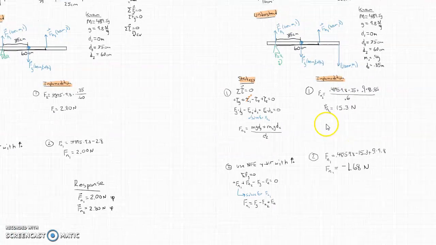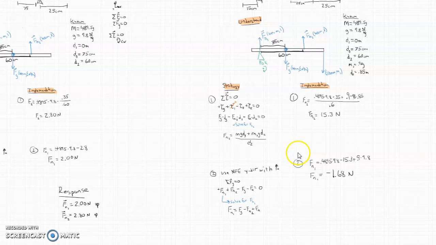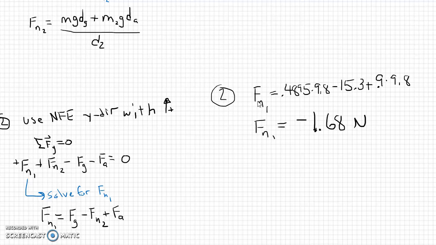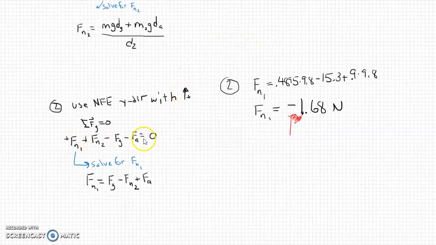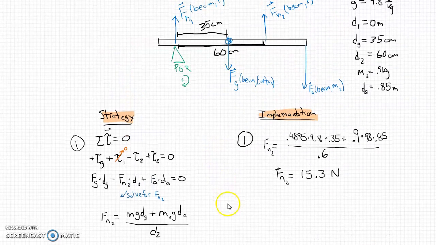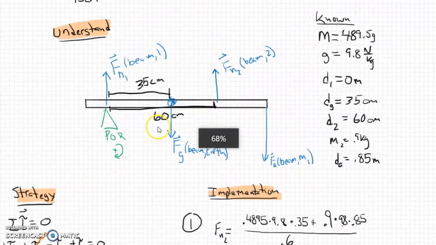All right, so I mentioned that there is a red flag down here, and this is where I want to talk a little bit about the red flag. Hopefully you're seeing it, but the red flag is this right here, okay? The fact that we're getting a negative value for the normal force is actually the red flag. If you do the net force equations like I did here, where I already put the directions in the net force equation as opposed to using them as vectors and only substituting in magnitudes, when you get a negative, it basically tells you that you've assumed something wrong in your free body diagram.